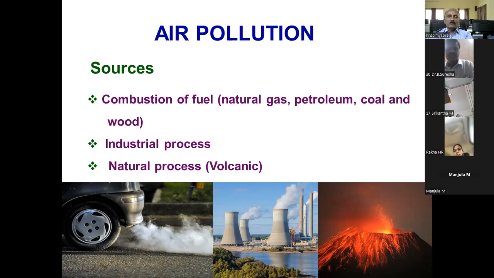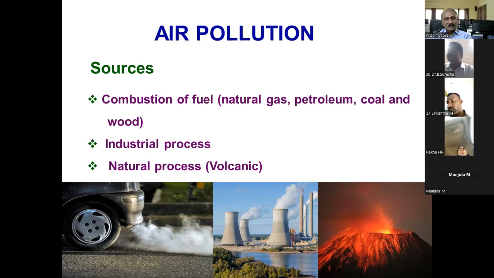Natural disasters like volcanic activities also sometimes lead to the release of these substances, smoke-like particulate matter. So both through man-made activities and natural processes, we can see these contaminants being released into the environment, thus changing the structure, composition, and characteristics of the air.